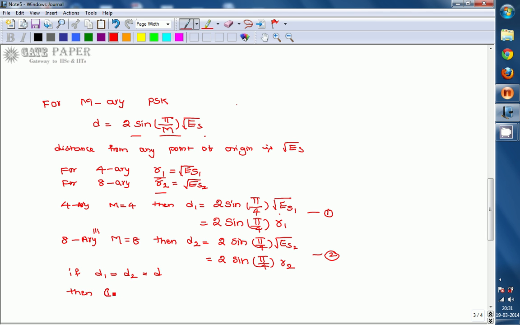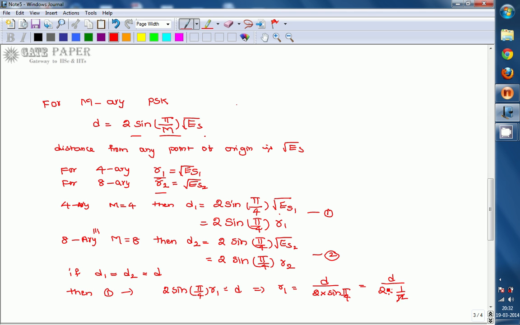Now equation 1 becomes 2 sin(pi/4) R1 equals D. From this, R1 equals D by 2 sin(pi/4), that is D by 2 times 1 by root 2.